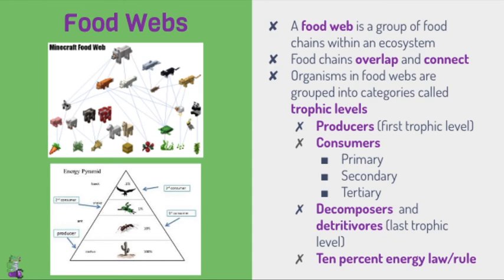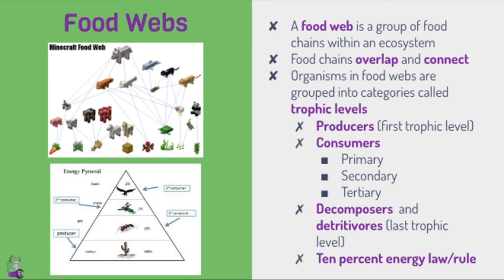Another last thing that is important to remember when examining food webs is the 10% energy law or rule. This law states that the transfer of energy in a food web or food chain is limited. Thus, the number of trophic levels in a food chain or web is limited as well. When energy is passed in an ecosystem from one trophic level to the next, only 10% of that energy will be passed on.